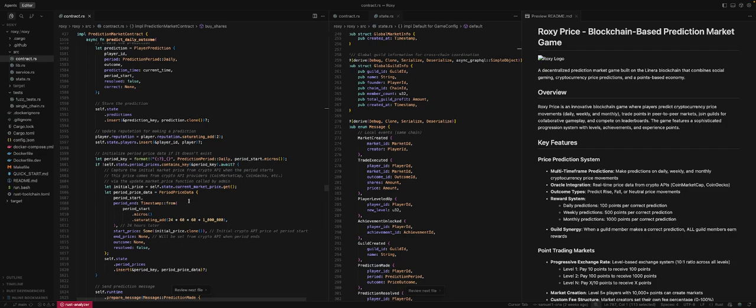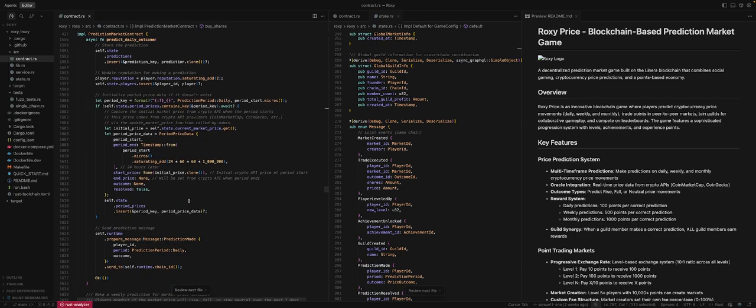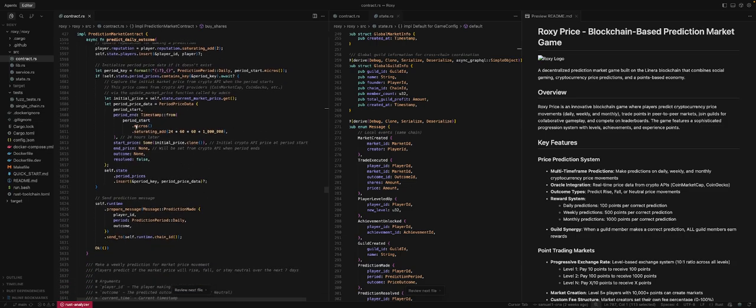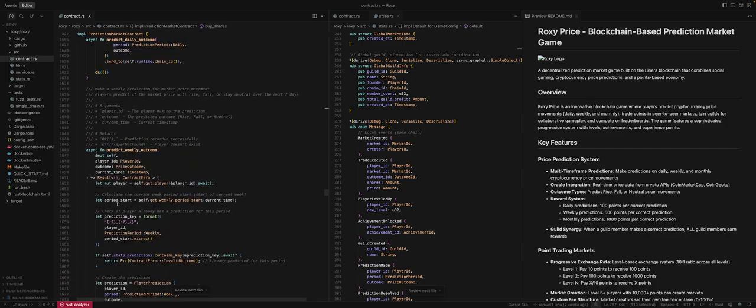So we can make it very easy, usable, and dynamic. This is to get the initial crypto price when the period starts, and the end price when it ends, and broadcast the message.